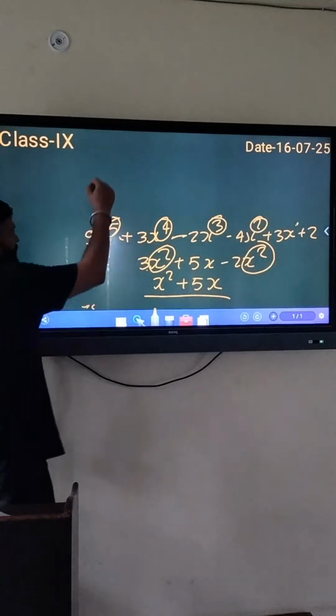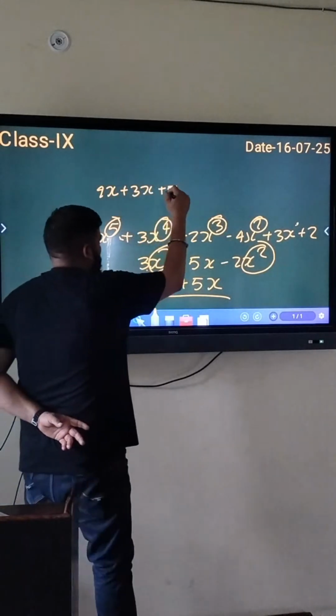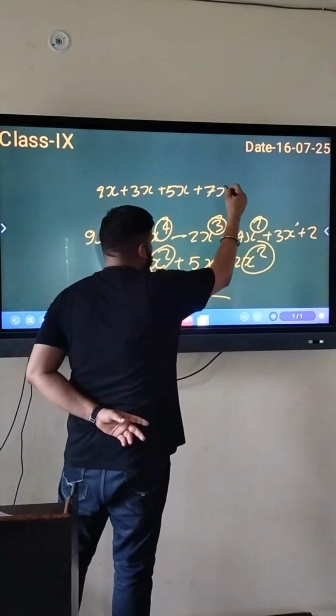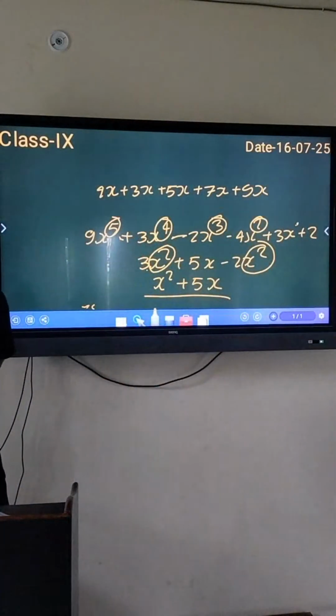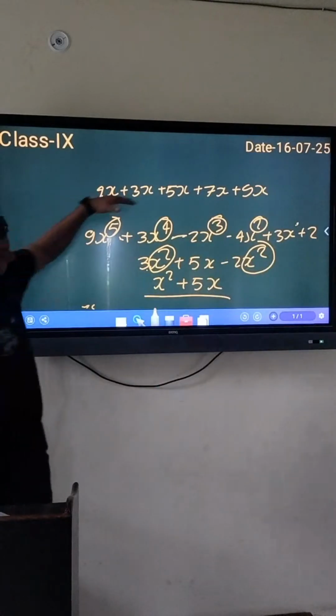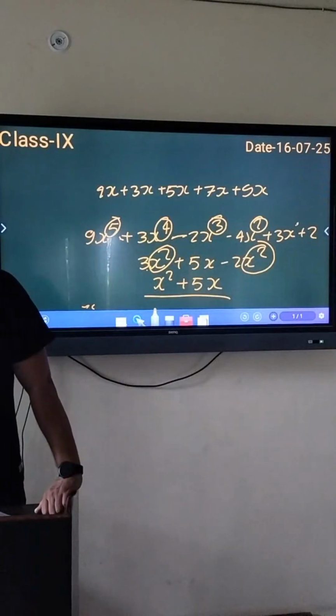If I ask you 2x plus 3x plus 5x plus 7x plus 9x, how many terms are there then? What will you reply? Only one term, because these are like terms, and like terms we can merge, add or subtract.